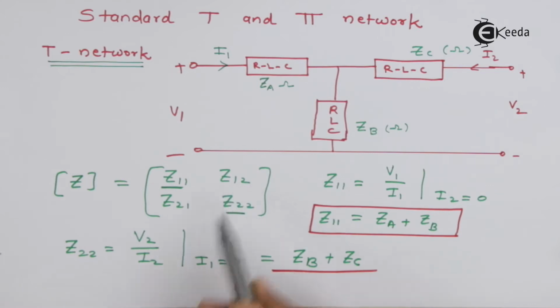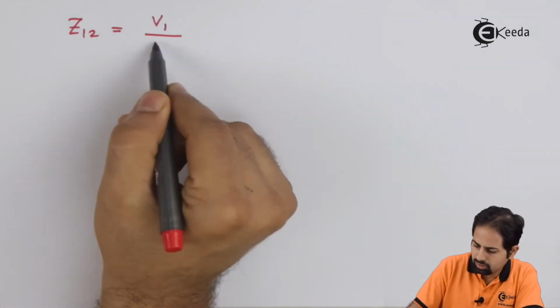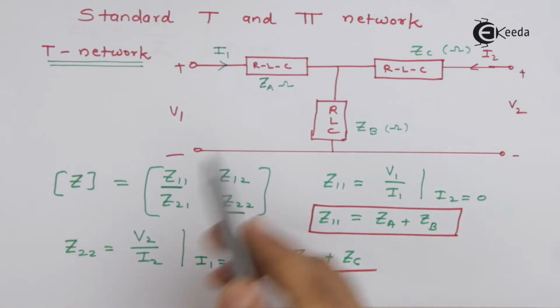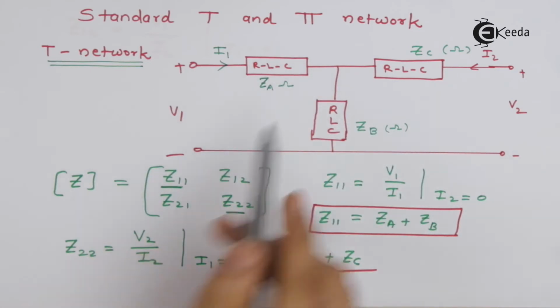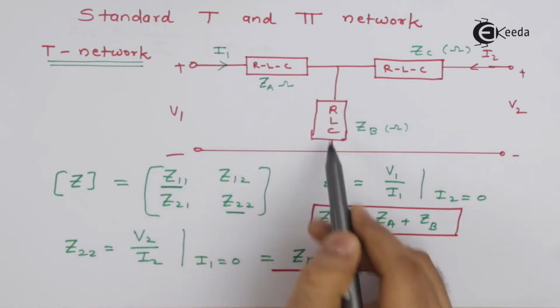Now we will see what is Z12. By definition, Z12 will be V1 upon I2 when I1 is 0. Now when I1 is 0, this particular wire will not be existing, but this voltage will still be there across this ZB.